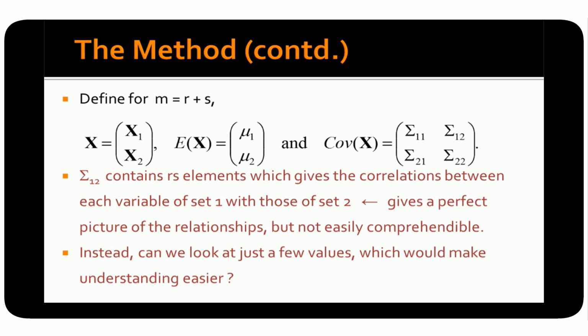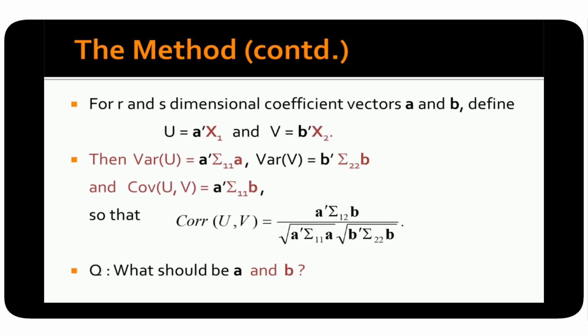So we need to synthesize this, and that's basically what our purpose is. Instead of looking at these rs correlations between the first set variables and the second set variables, we want to do this in maybe 1, 2, 3 correlations, which would collect all this information and give us much more concise results so that it can be interpreted.